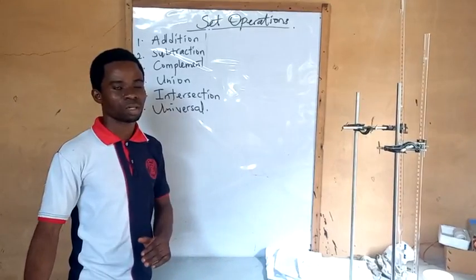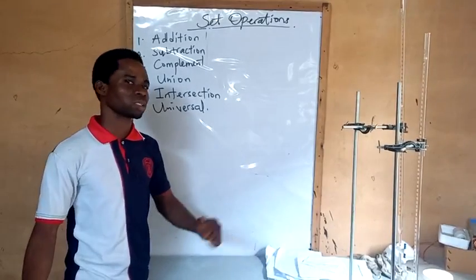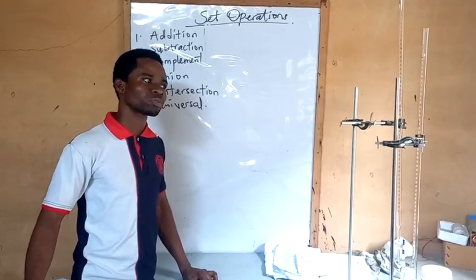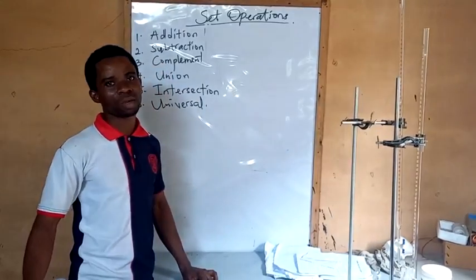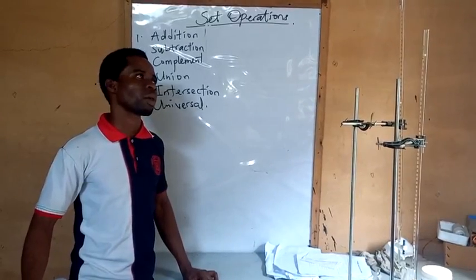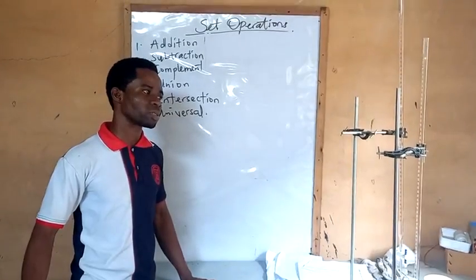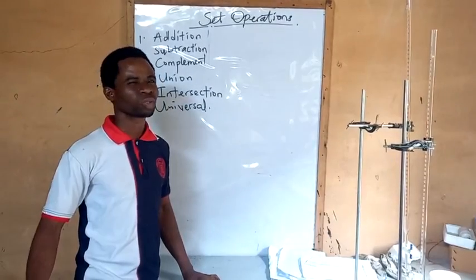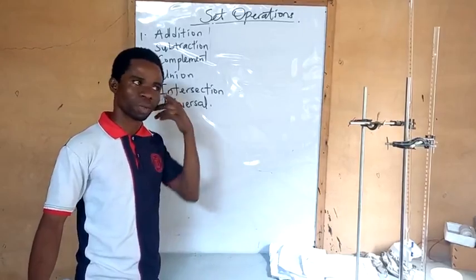But when I say natural numbers, that is infinite, because natural numbers have no end. And I have to make it clear, natural numbers start from 1 and continue, 0 is not a natural number.